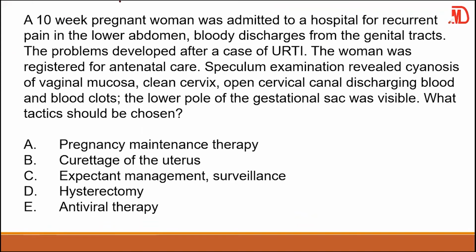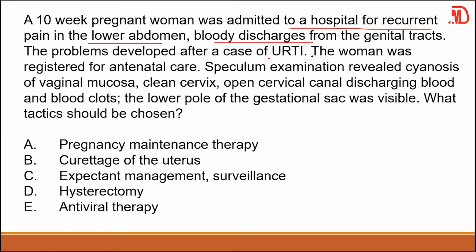A 10-week pregnant woman was admitted to a hospital for recurrent pain in the lower abdomen and bloody discharge from the genital tract. The problem developed after a case of upper respiratory tract infection.